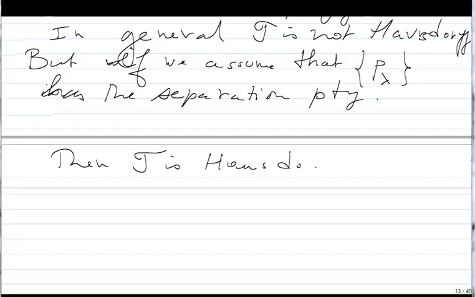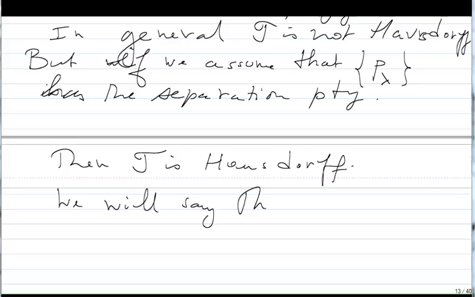So we do have a nice topology on V, and we will say that V is a topological vector space.